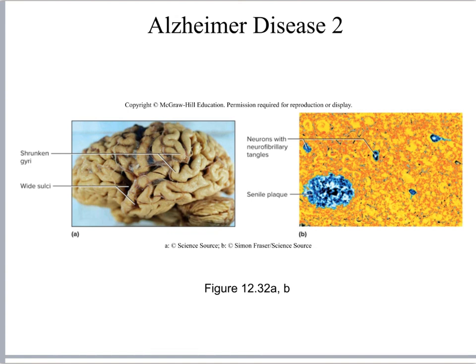So here, what you're seeing on this picture is a brain, and what you notice is that you've got bigger gaps here and that the gyri are narrower, so they're not as big and plump looking. Over on this picture, this is probably hard for you to interpret, but you'll just have to trust me, that the cytoskeleton within the cell has become tangled up, and we call these neurofibrillary tangles, so you can see they're staining a little bit darker.